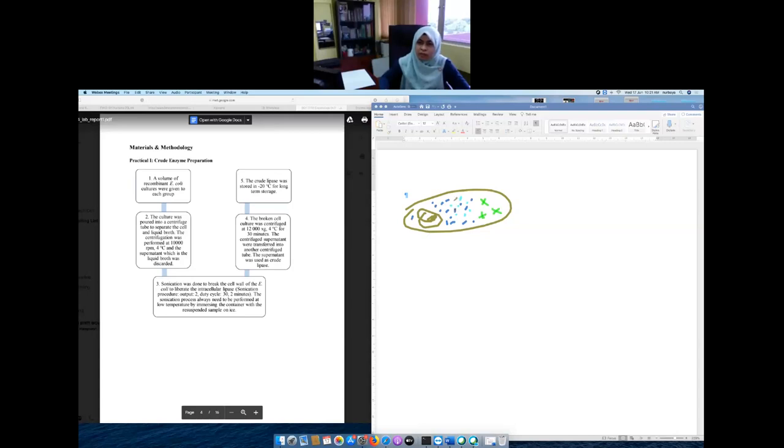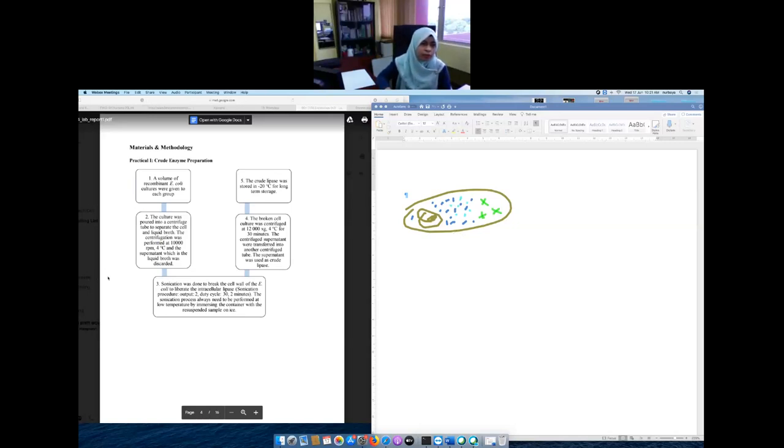So now what happened? We want to measure the activity. Is there any lipase inside the cell or not? Because we are looking for lipase now. So what's next?